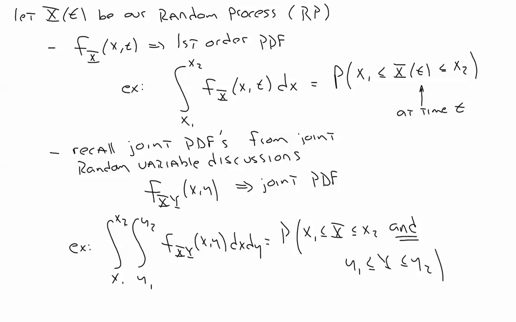All right? We've seen that before. If we integrate the joint probability density function between x1 and x2 and simultaneously between y1 and y2, we get the probability that random variable x is between x1 and x2, and at the very same time y is between y1 and y2.